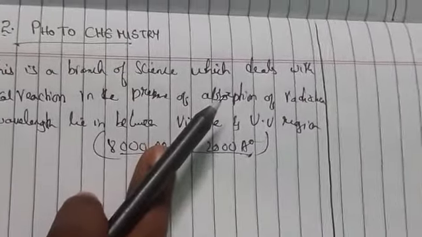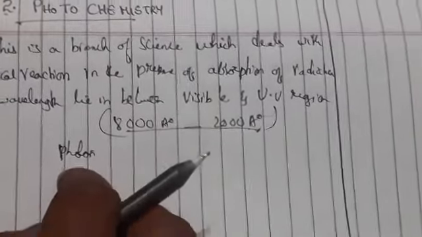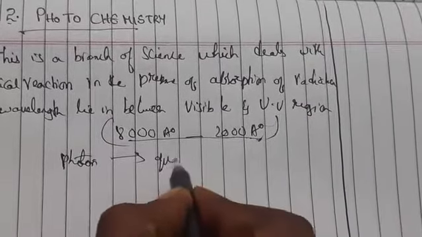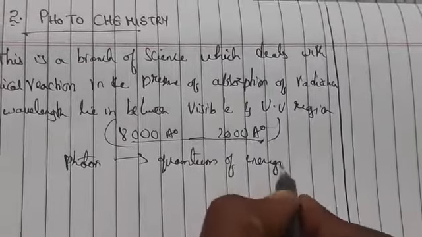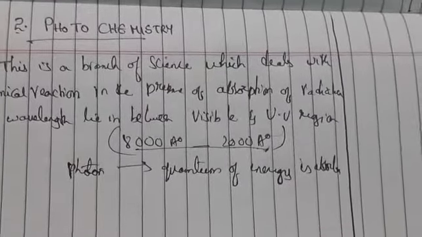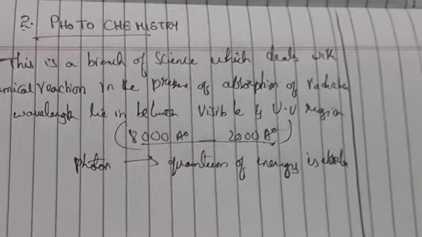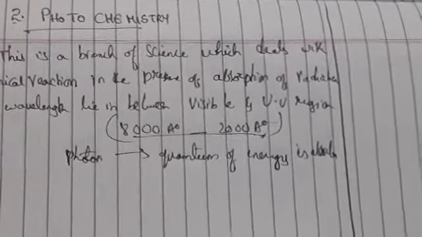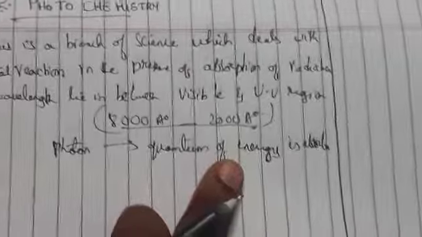Photon is nothing but the quantum of energy absorbed, and it depends upon the frequency of the radiation. These types of reactions include oxidation, reduction, decomposition, combination, hydrolysis, polymerization.